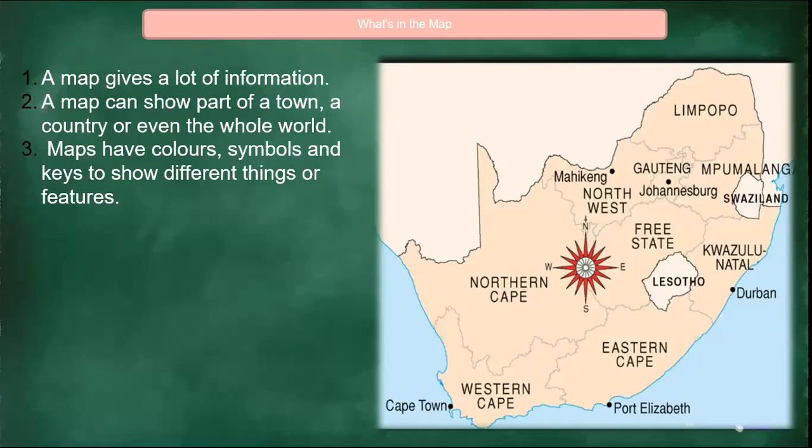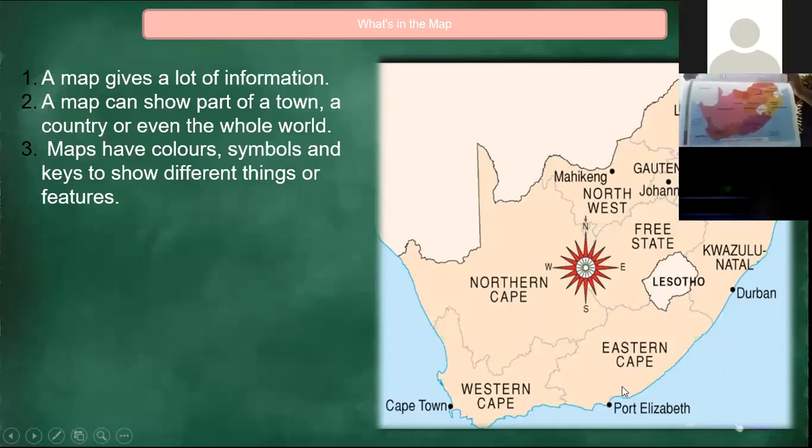Dams have their own colors, and mountains as well. It also has symbols and keys. This one doesn't have symbols, but we learned about symbols. There are symbols in the map that show us where the river is, where the mountain is, and also the physical features in the map, okay?